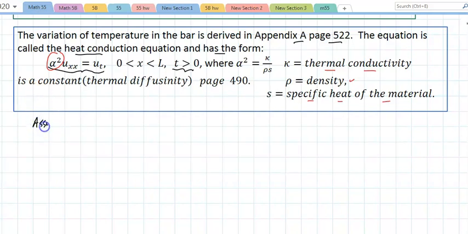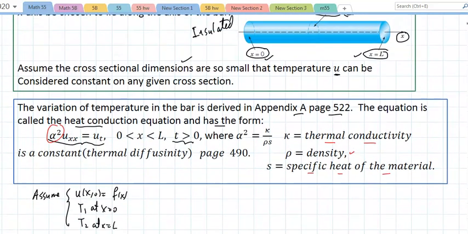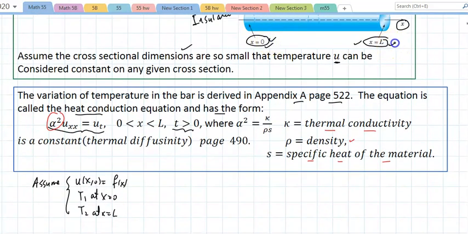Assume that u of x,0 is a function of x, if time is 0 initially. Assume that t sub 1 starts at x equals 0, and suppose t sub 2 is at the very end, x equals L, right there at the beginning, right there at the end.